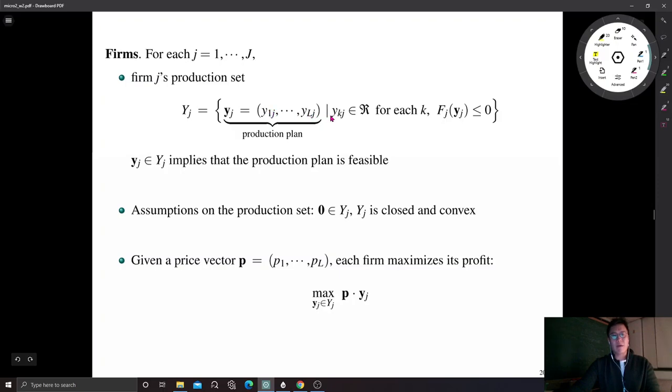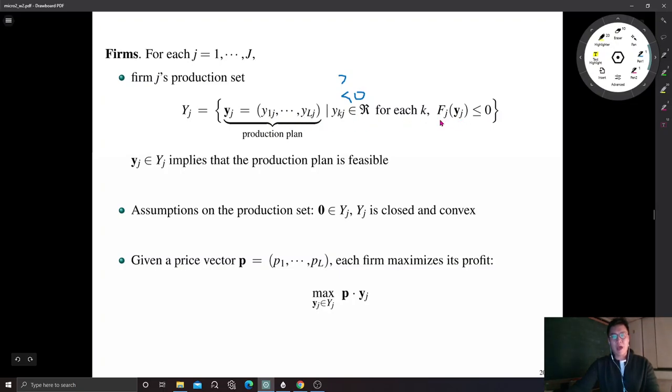If y k j is negative, then firm j uses commodity k as an input. If that is positive, then firm j produces commodity k as an output. So the sign of each component has an economic meaning.